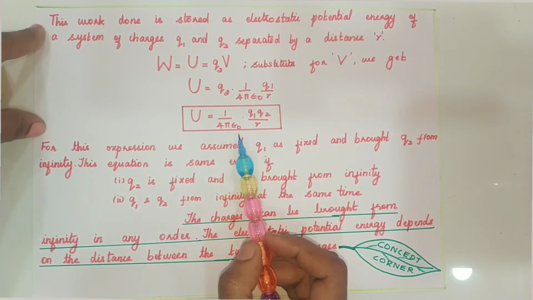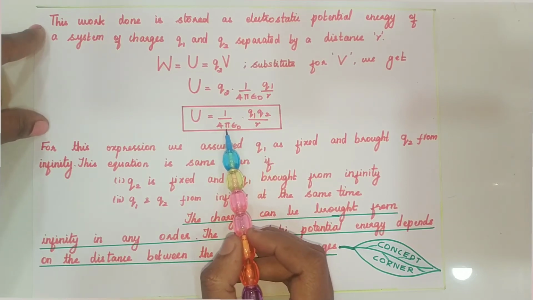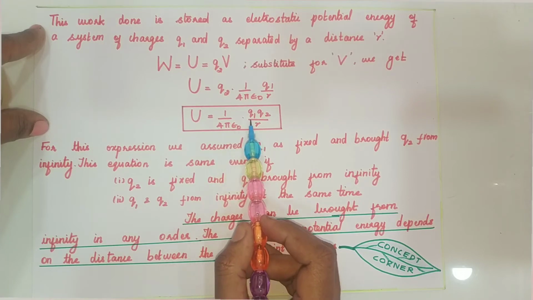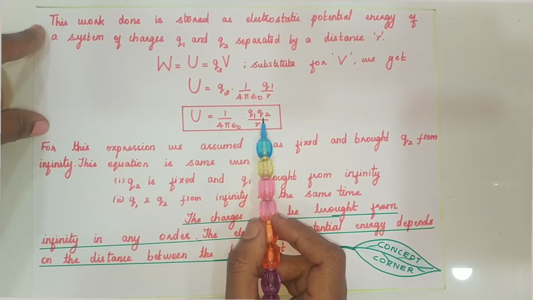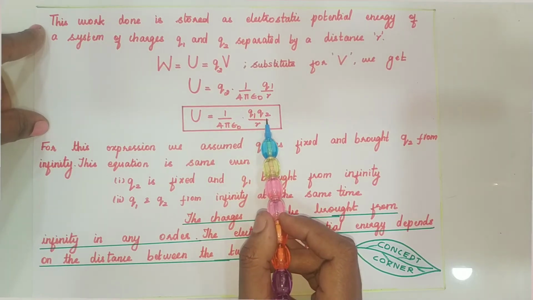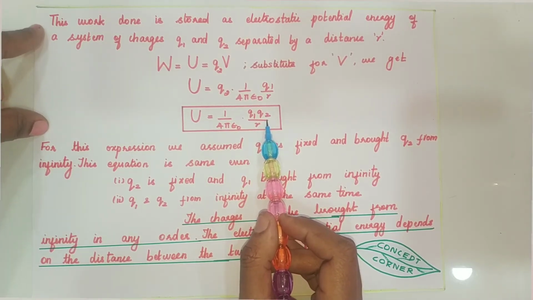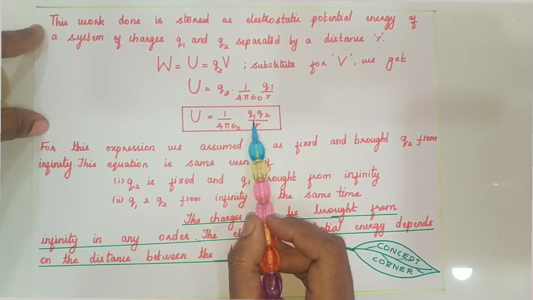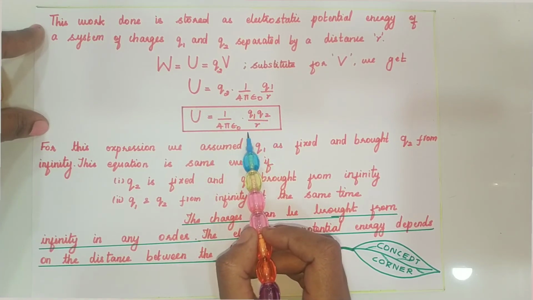Here you see, first I initially placed the charge Q1, then I brought Q2 from infinity and I got this expression. And even if I place the charge Q2 first and bring the charge Q1 from infinity, I will get the same expression.